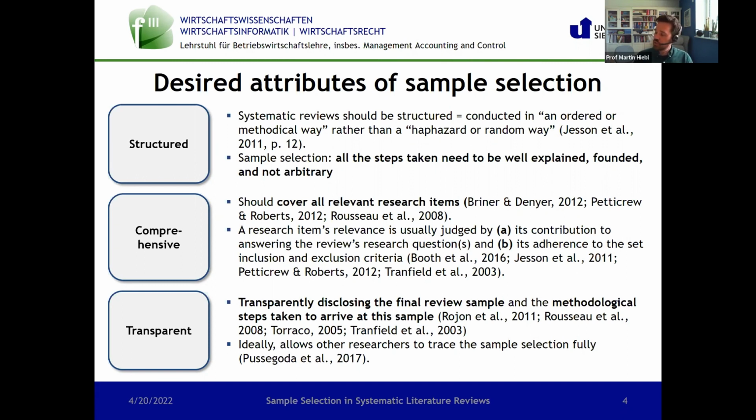But I think I later changed this to that fellow researchers or readers should be able to trace the sample selection, which is not the same as replicate a sample selection.